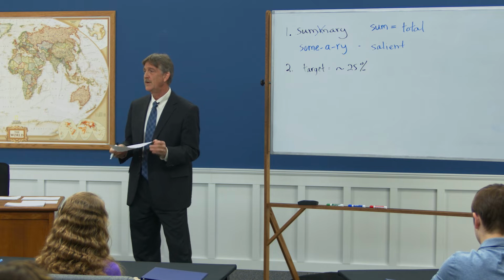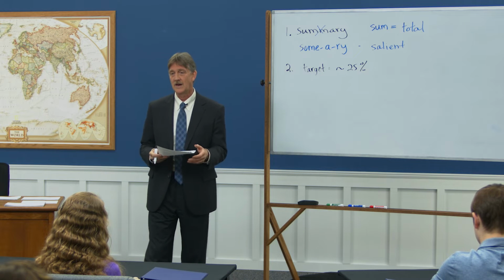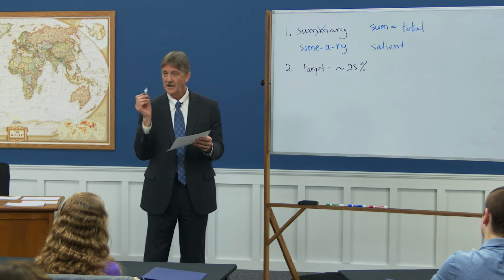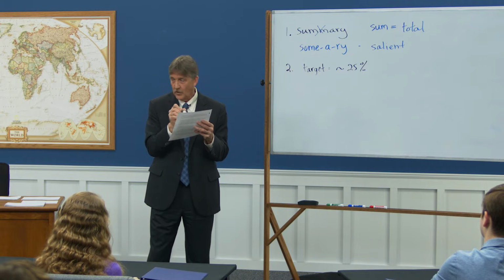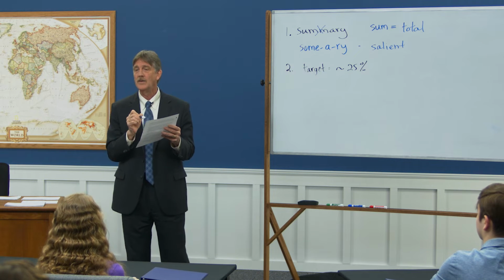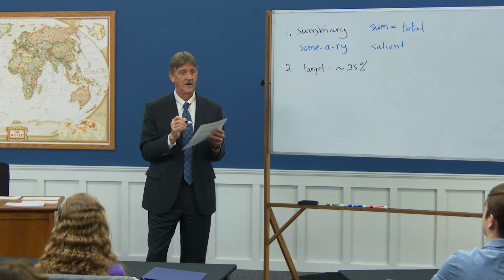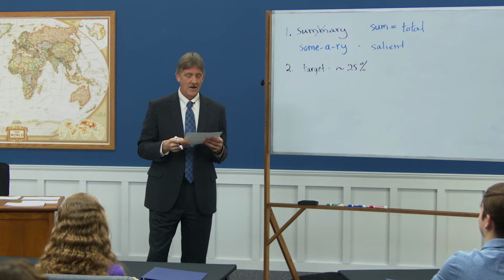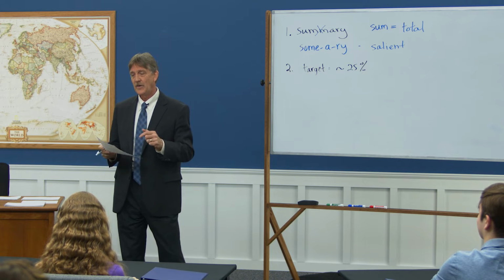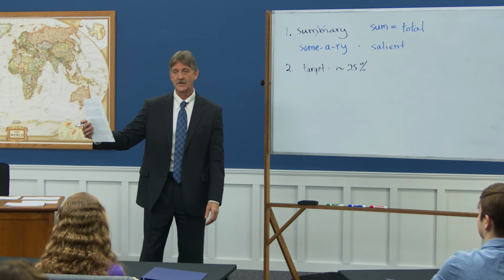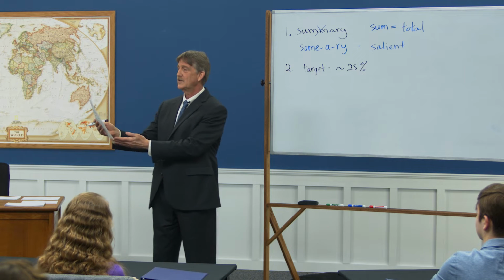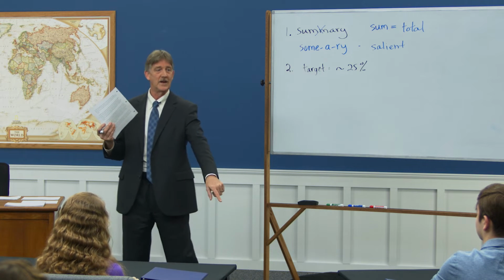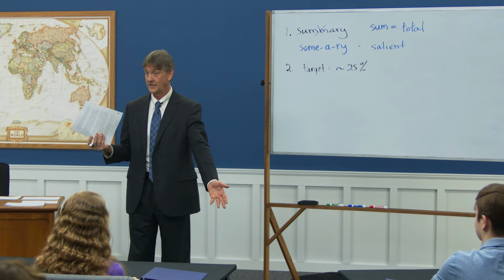Now, there are 3 ways to find this out. One way would be to sit here and count every word. This would probably not be a brilliant use of your time. The other thing you could do, if you had this on a Microsoft Word document, you could just highlight the speech portion of the text, look at the bottom, and it would tell you how many words you've got highlighted.